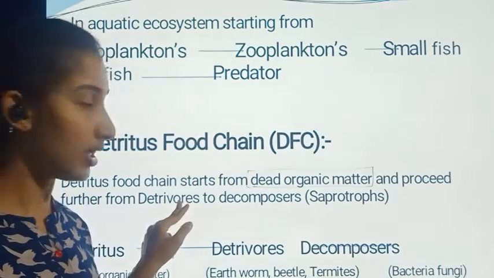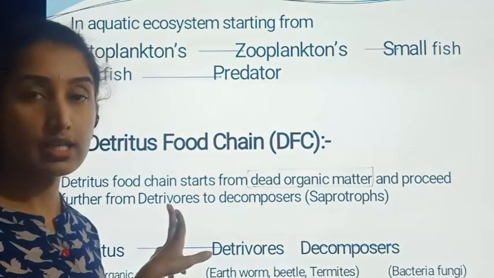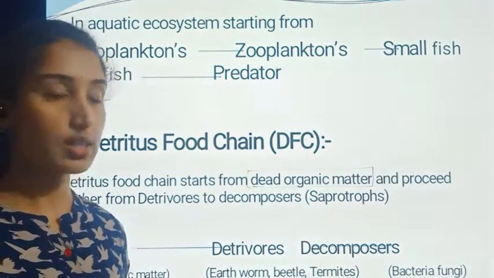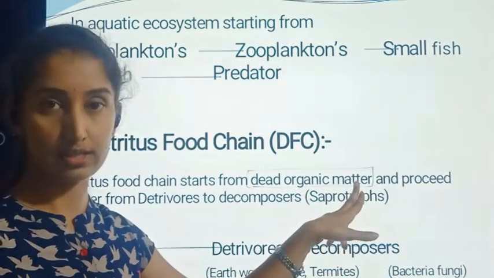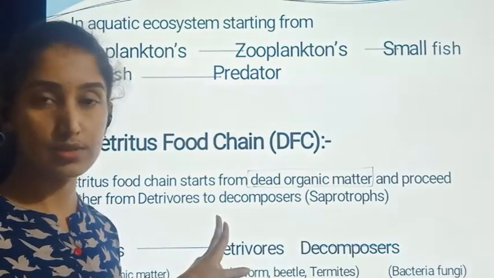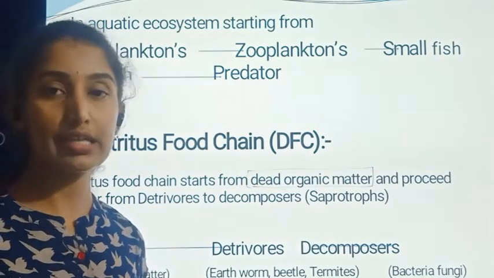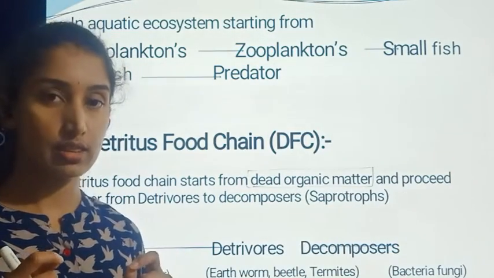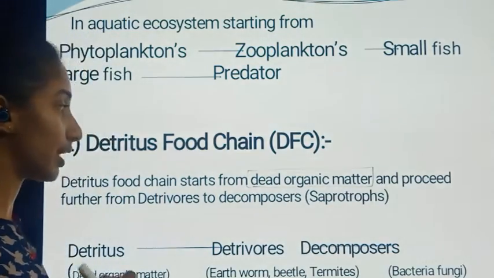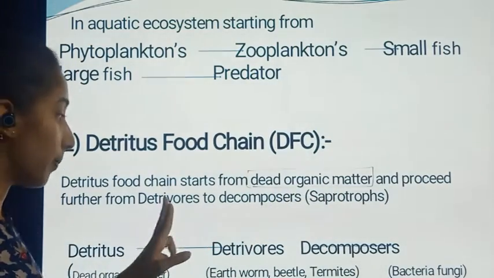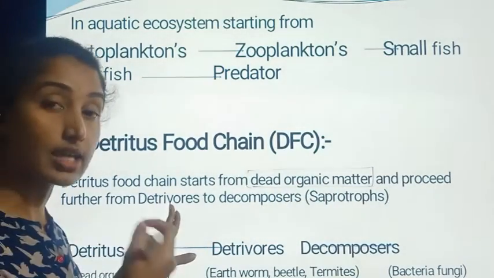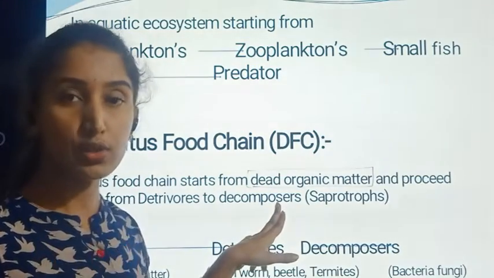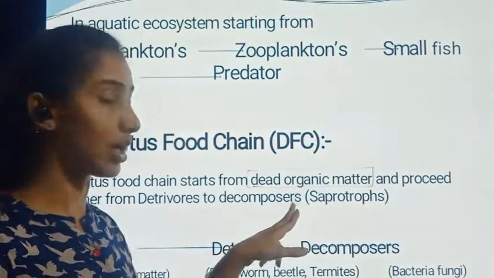We shall recall it. Detrivores are the organisms which depend on the organic matter, and they partially decompose the organic matter, and that partially decomposed organic matter is converted into humus with the help of decomposers.